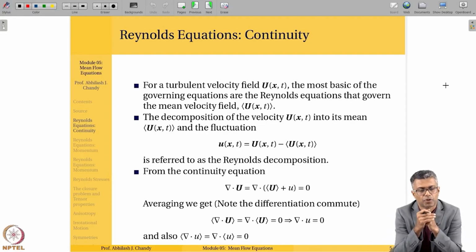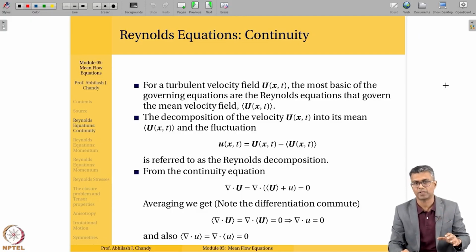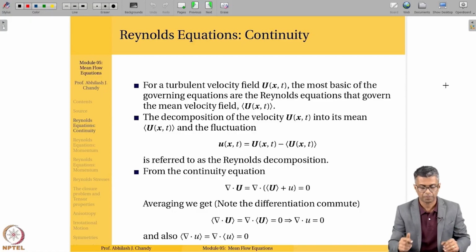So let's start with the continuity equation, and here what we are going to do is derive the Reynolds equations for the continuity and momentum. Now, if you look at a turbulent velocity field, we know it is a vector. It has three components, u1, u2, u3.